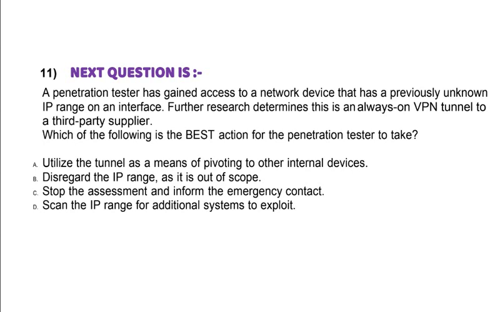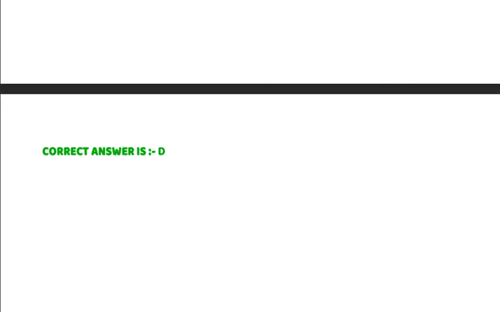Option A, utilize the tunnel as a means of pivoting to other internal devices. Option B, disregard the IP range as it is out of scope. Option C, stop the assessment and inform the emergency contact. Option D, scan the IP range for additional systems to exploit. Correct answer is option D.